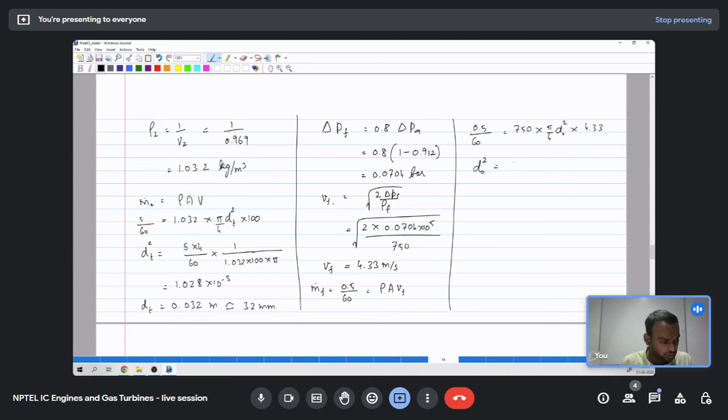This is 0.5 into 4 divided by 60 into 750 pi into 4.33.